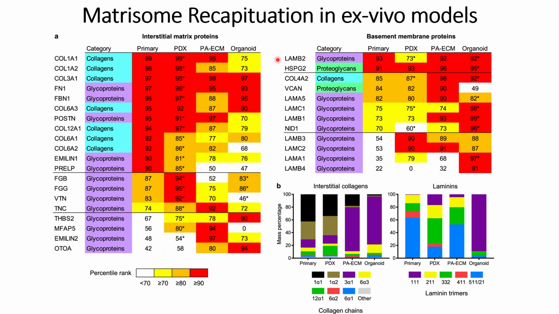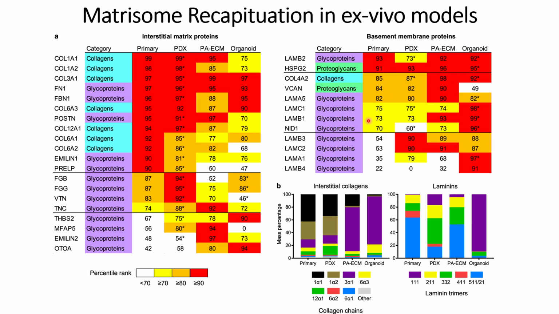The reason they mentioned for these differences is that the in vivo process is a long-term process, and during that time some of the ECM gets sacrificed and might go inside the cells, whereas the ex vivo models are a short-term process, and the basement membrane proteins do not get the opportunity to be internalized within the cells.